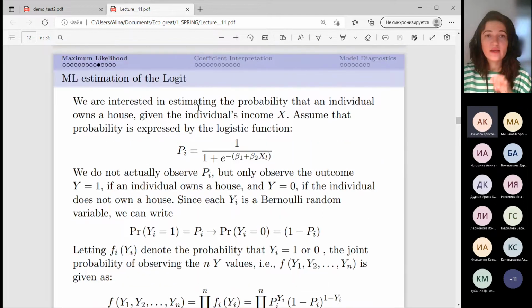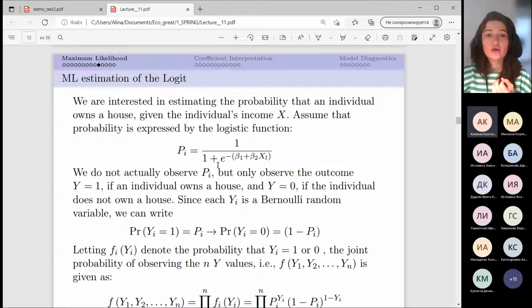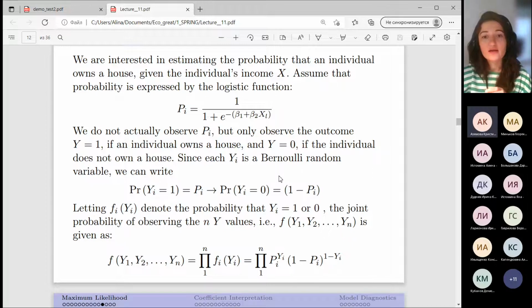So now let's talk about the maximum likelihood estimation when we work with the logit or probit models. The logic is the same. What are the differences? As we've just discussed, we follow the same steps as in the example with the pool and balls. But now we should plug in this general formula the specific value of this parameter p.